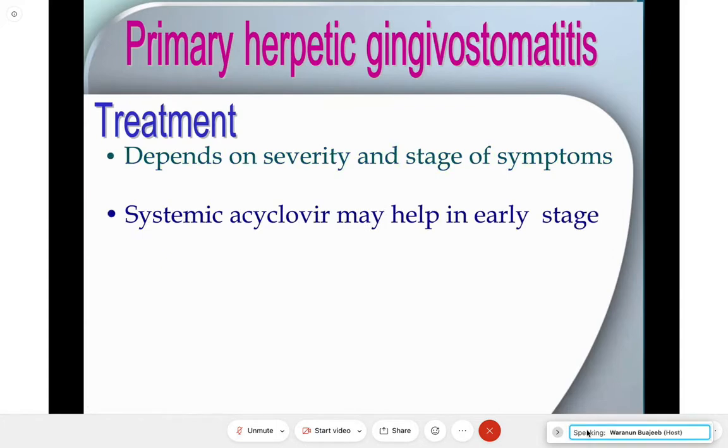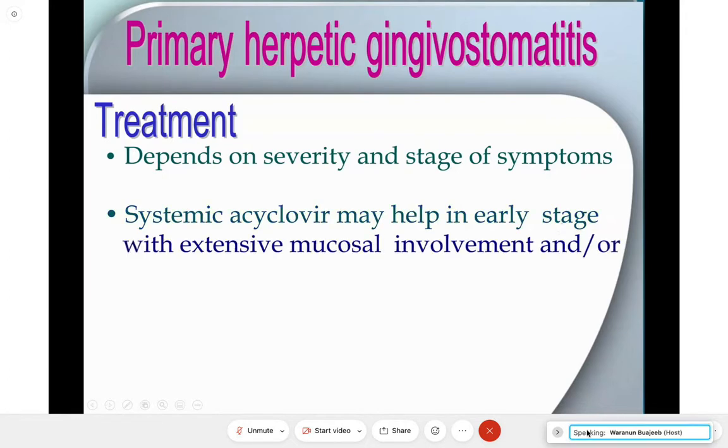Normally, if you are going to give systemic antiviral, you should give it at the very early stage, not longer than 72 hours, not longer than 3 days after the infection. Otherwise, it cannot help because the severe stage has already passed.